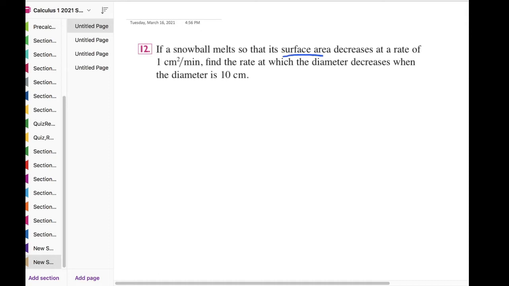So if this says the surface area decreases at a rate of 1 centimeter squared per minute, what should you be thinking about? When you develop your derivative and math equation, what does this mean? What is surface area decreasing at some rate? What would that imply?